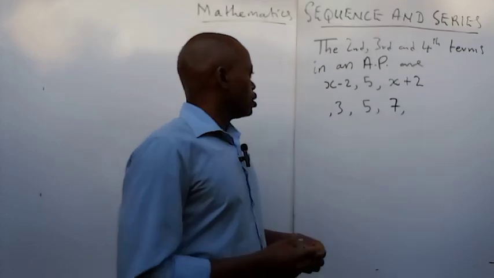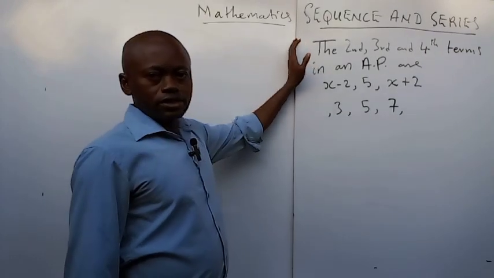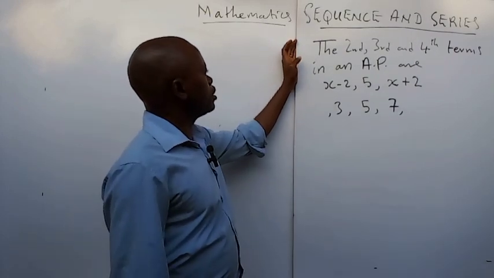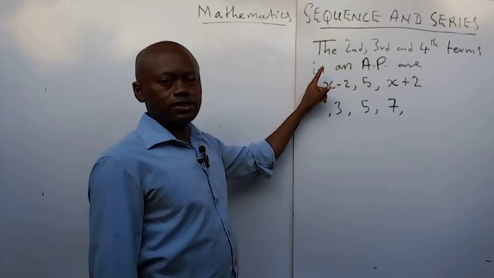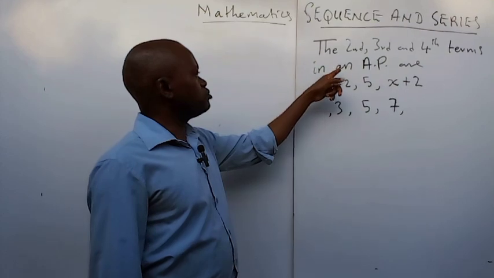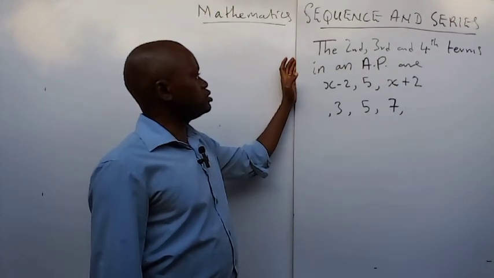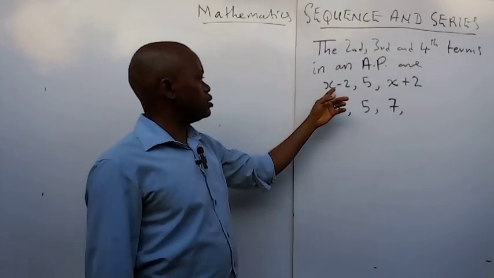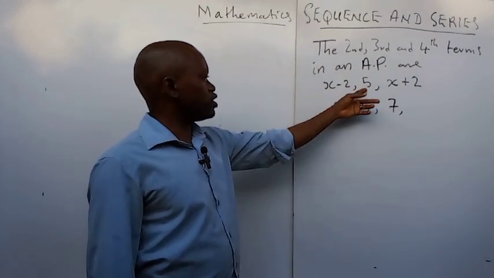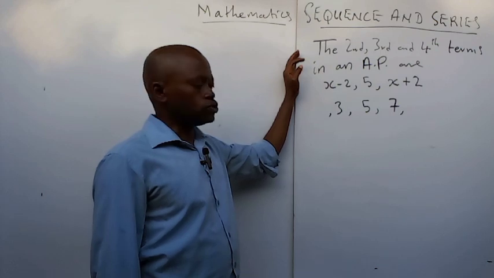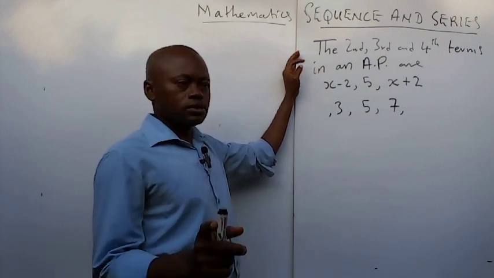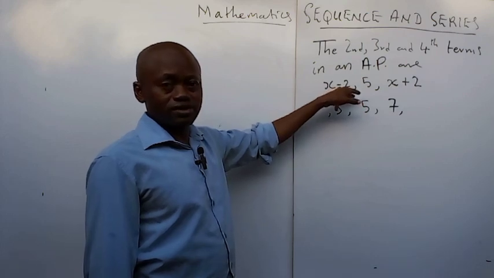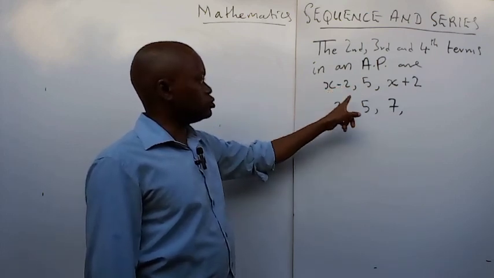Quickly, in that last class we did, we looked at a problem like this, and the problem says the second, the third, and the fourth terms of an arithmetic progression are x minus 2, 5, and x plus 2. The question says find the value of x, and I was able to show us how to do that.